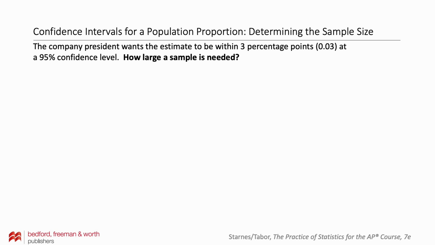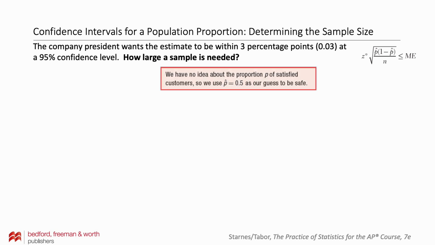We will use the inequality that we stated above to find the sample needed. Notice here, we have no idea what the proportion of satisfied customers is, so we will use the p hat to equal 0.5 as our guess to be what our p hat would be. So we find our critical value, which is 1.96 for a 95% confidence interval.